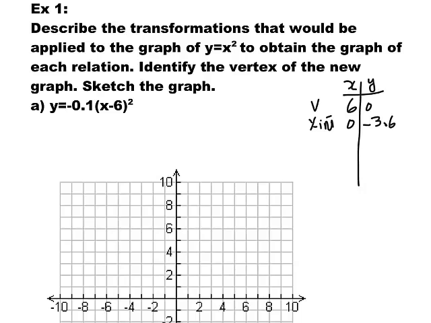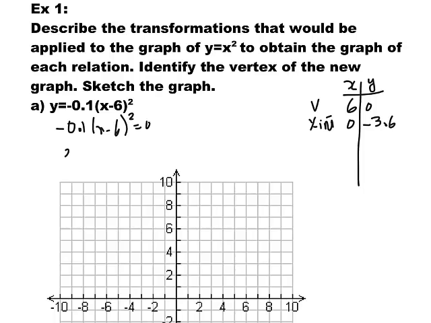Now we are going to find the x-intercept. To find the x-intercept, we set y equal to 0 and solve for x. So we say negative 0.1 times x minus 6 squared is equal to 0. Since the product of negative 0.1 times the bracket is 0, this means that the bracket has to be 0, because negative 0.1 is not 0.